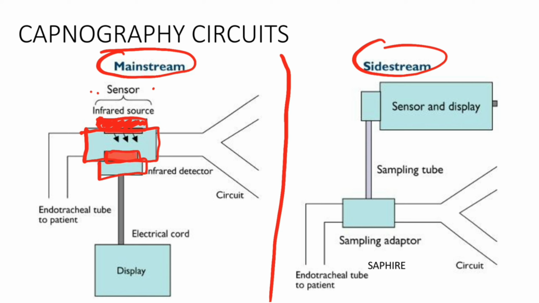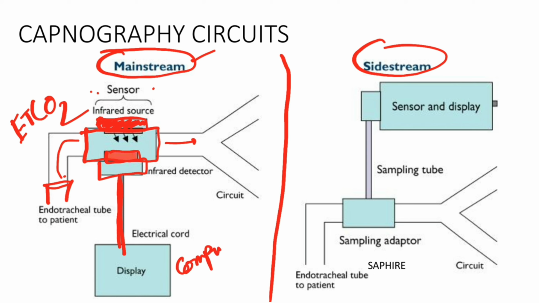This is the mainstream circuit, where the endotracheal tube of the patient is directly connected to this chamber, and it directly measures the concentration of carbon dioxide, the end-tidal carbon dioxide, from the endotracheal tube. You can see there is an electrical cord from the detector which goes to the display, and the carbon dioxide level is computed here.